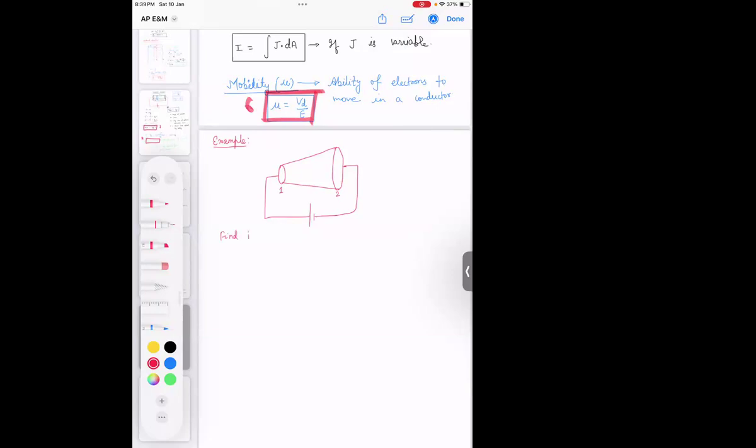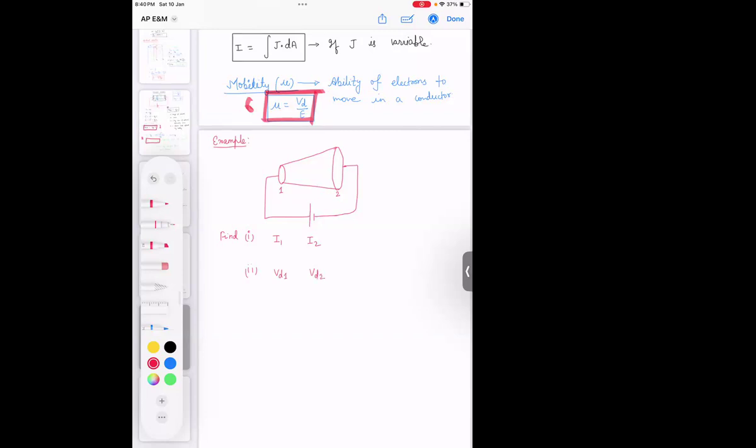Find first thing here, the relation between the currents I1, I2. What are I1 and I2? I1, I2 are the currents at two different cross sections. Okay, that is the first thing. Second, drift velocity of electron at 1 and drift velocity of electron at 2.